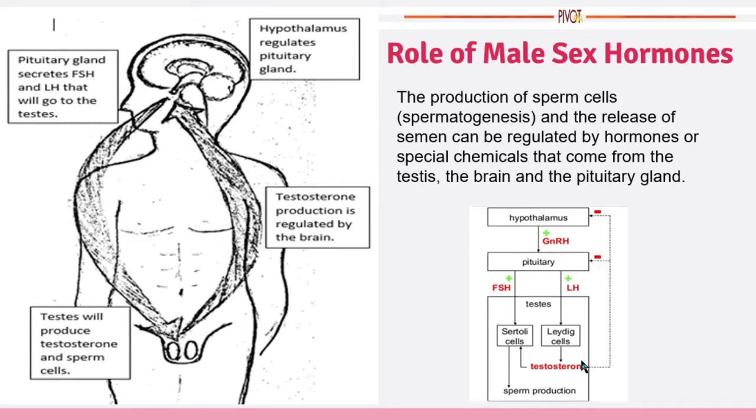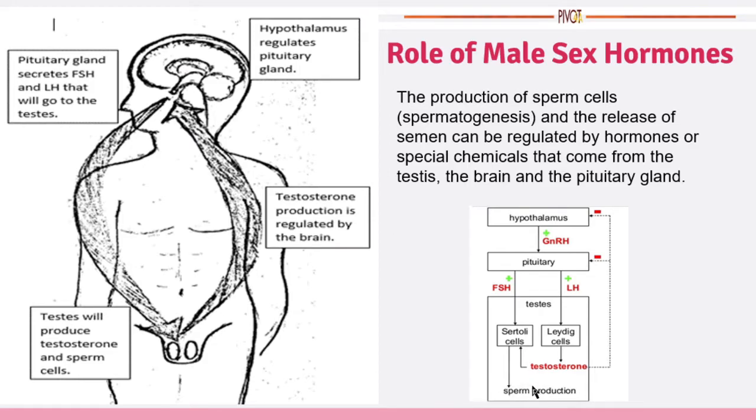So in this part, the presence of testosterone inhibits the production of GnRH, FSH, and LH, meaning the amount of testosterone will send a negative feedback to the hypothalamus and pituitary gland to slow down the production of GnRH, FSH, and LH, as well as the number of sperm cells.